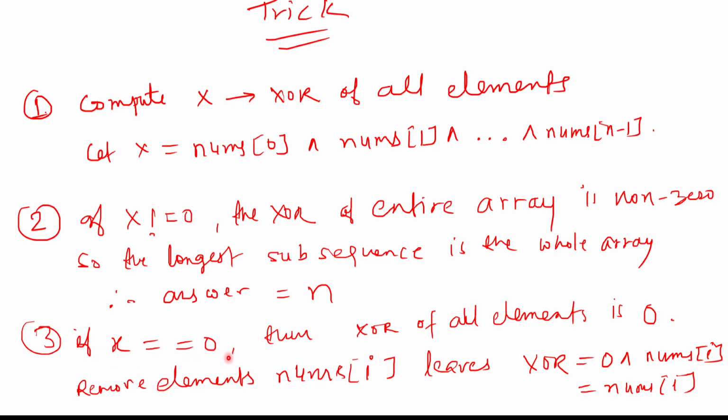If X is equal to 0, meaning the XOR of all the elements is 0, we have to remove an element nums[i], which leaves the XOR of 0 and nums[i], so you will get the value nums[i].